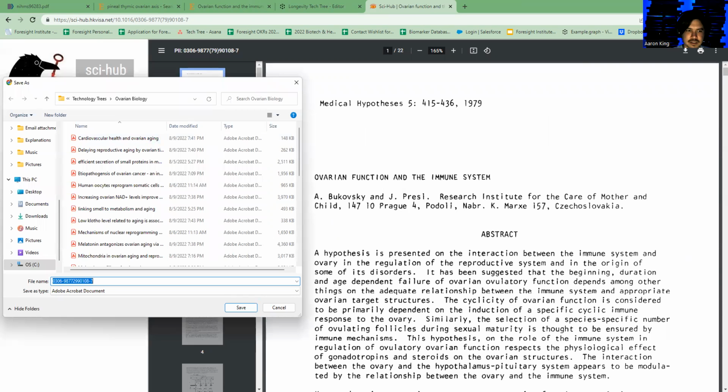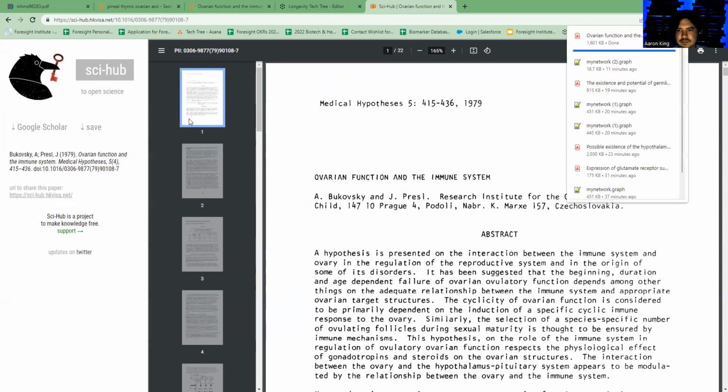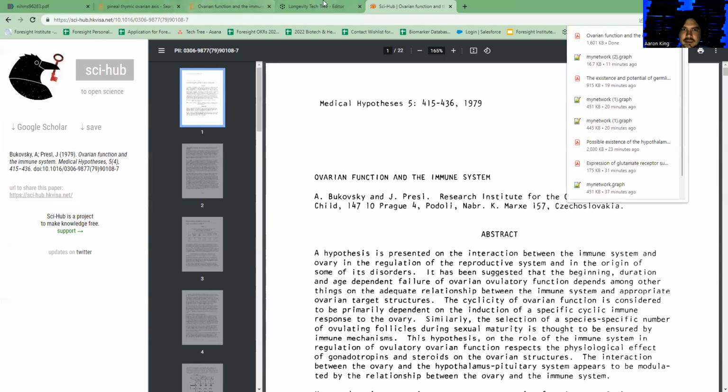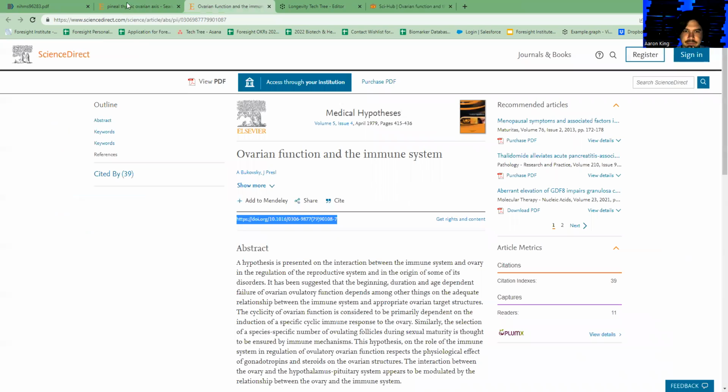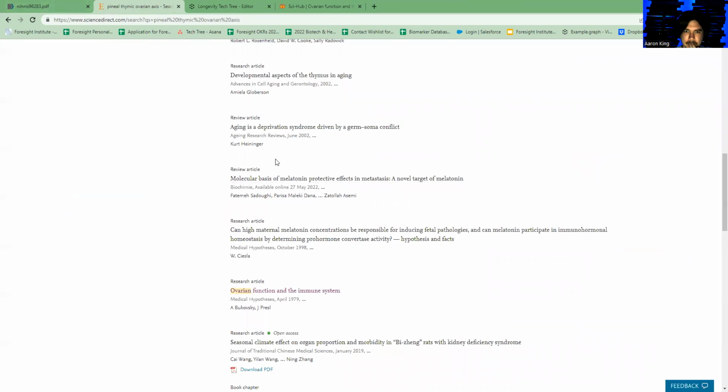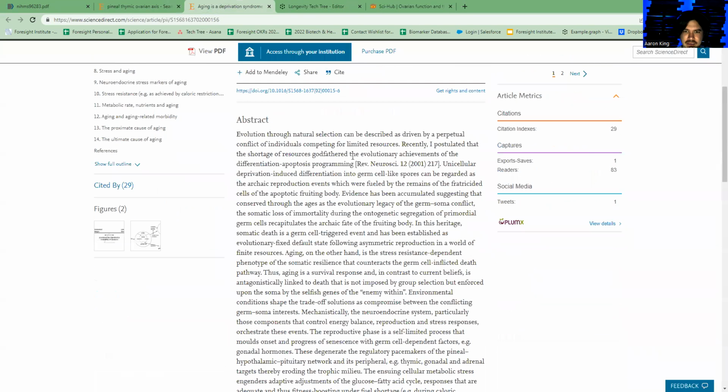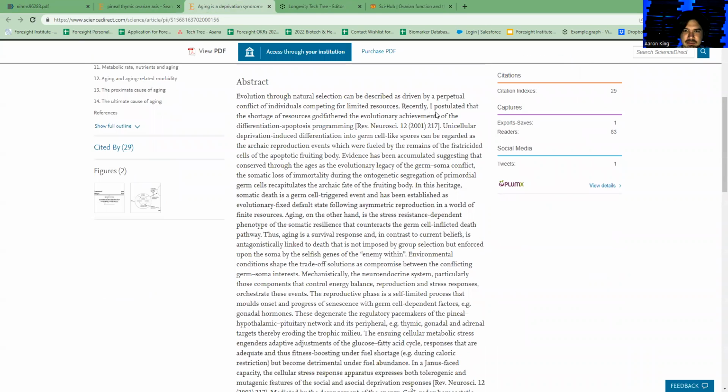Ovarian function and, all right. Insulin.